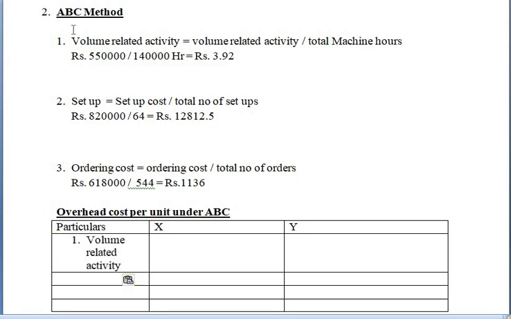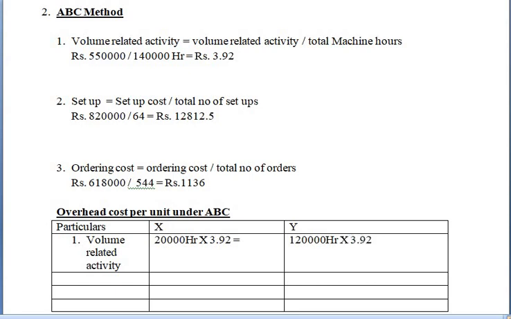So volume related activity is based on total number of machine hours. First the machine hours for product X. For product X 20,000 hours, and for product Y 1,20,000 hours. So what's the volume related cost per hour? 3 rupee 92 paisa. So multiplied by 3 rupee 92 paisa.